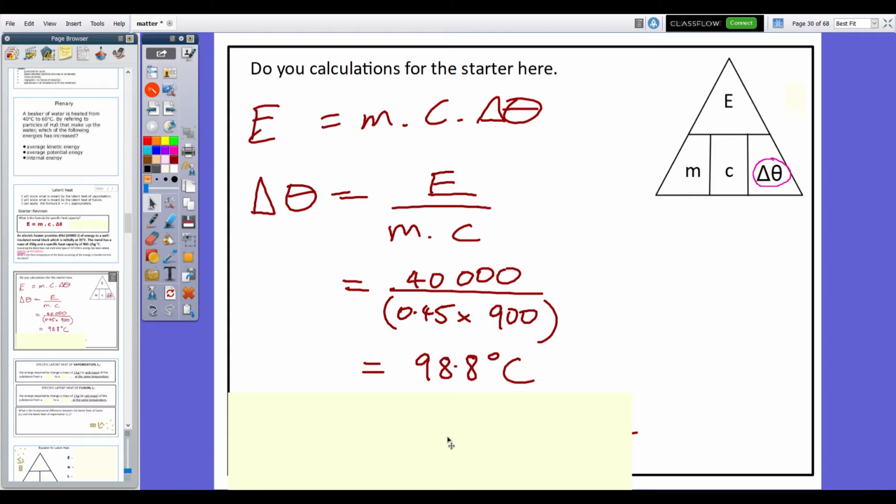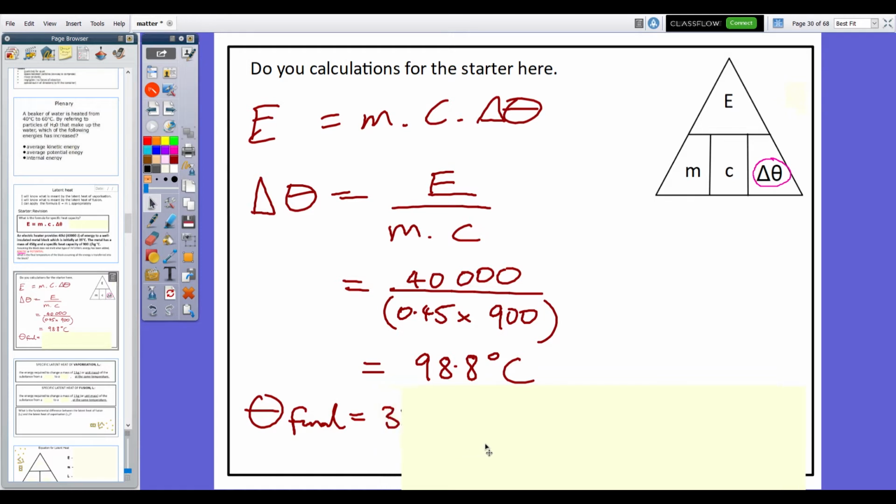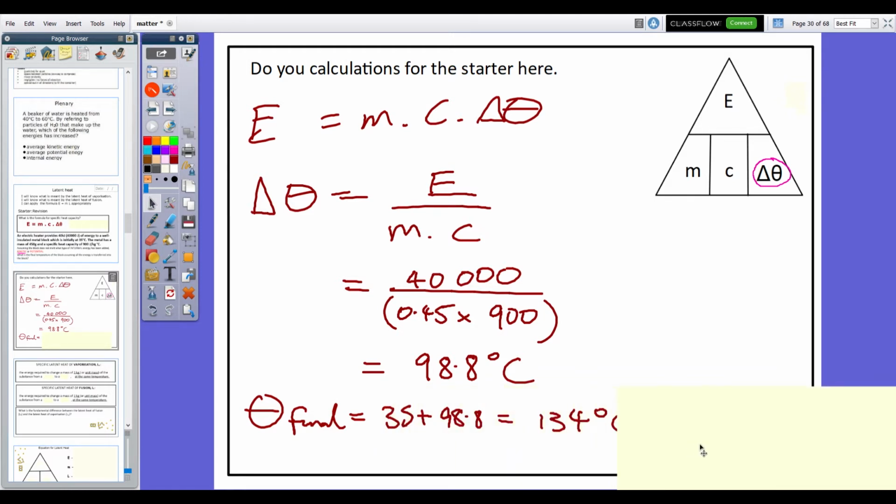So if that's delta theta, what was theta? Well, the final temperature was going up. So we've gone 35 plus 98, and I just rounded that up to 99. So it's 35 plus 99, which gives us 134 degrees C. So please have a look at that if you haven't done that already. Make sure you can understand what we're doing here.